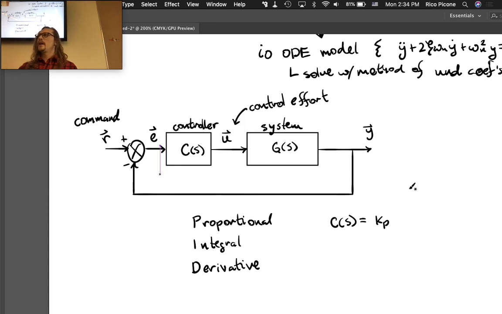You know how a spring has its restoring force to equilibrium proportional to how far away from equilibrium the spring is compressed or stretched, right?